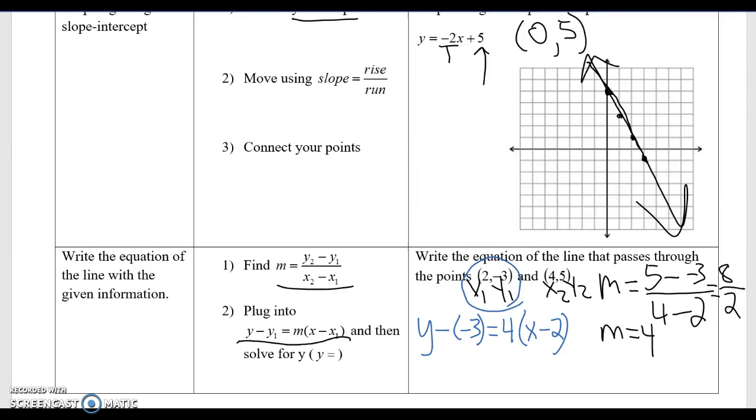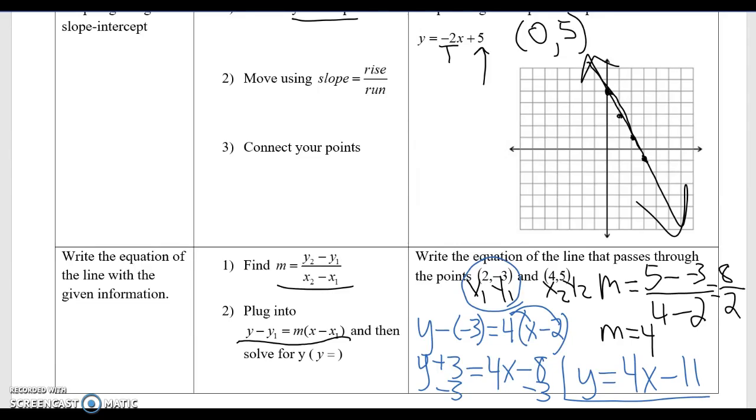So I'll get y minus negative 3 equals 4 times x minus 2, and then just simplify that to y plus 3 equals 4x minus 8, because we distribute the 4. And then subtract the 3 from both sides to get y equals 4x minus 11. And that's how we write an equation from 2 given points.